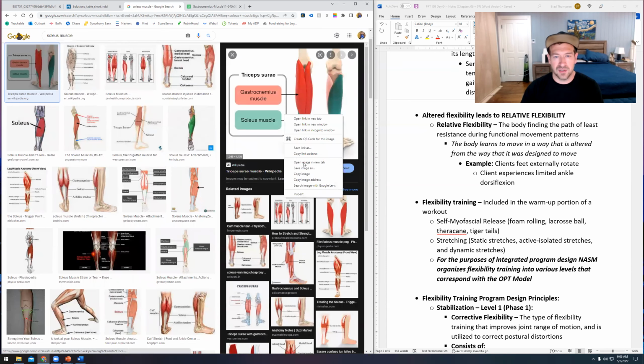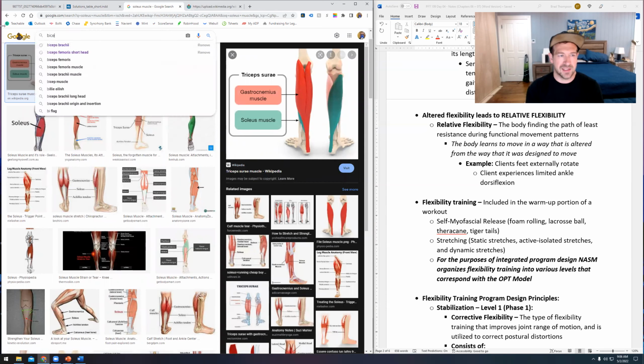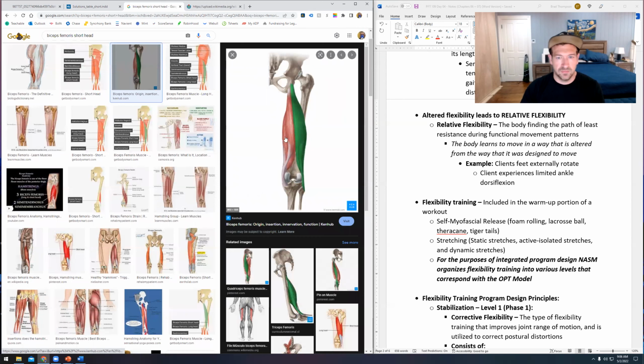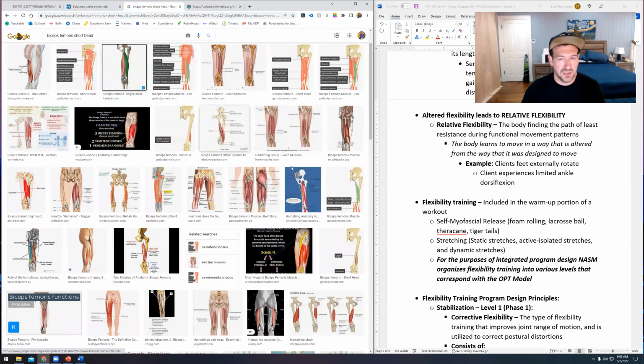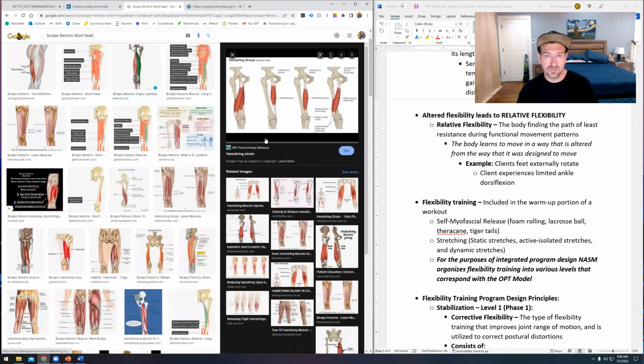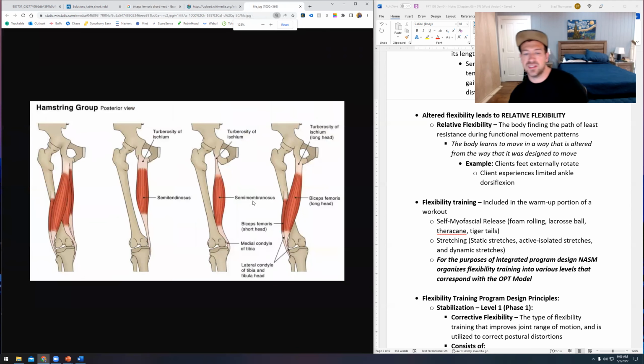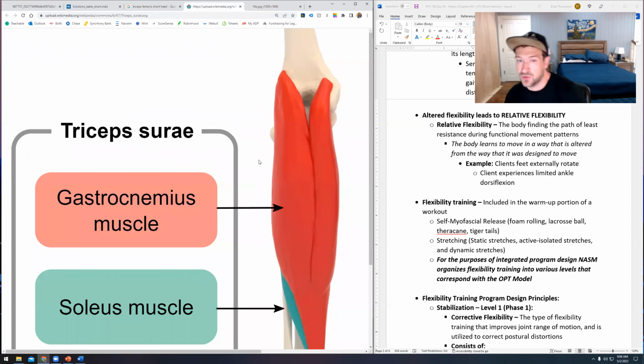I've got both my soleus and gastrocnemius in one picture. Love that. And let's look at the biceps femoris short head. Okay, so here we can see our various muscles that we're talking about.